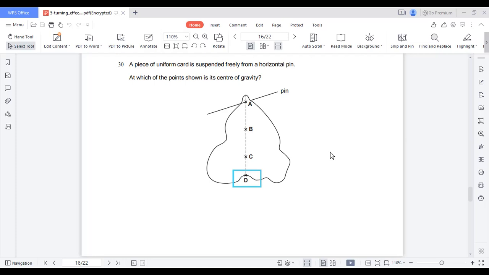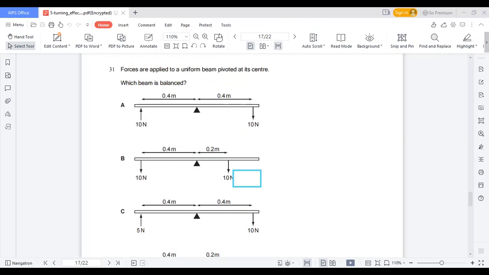Okay, number 31. In 31, forces are applied to a uniform beam pivoted at its center. Here is the pivot point, and a 10 Newton force is acting in the downward direction here, and here a 10 Newton force is acting in the upward direction. Both forces are the same, and their distances are also the same.